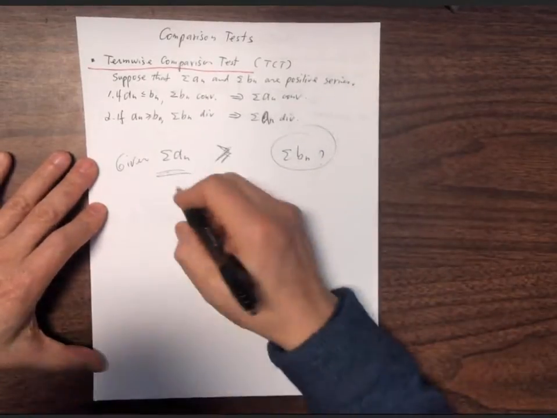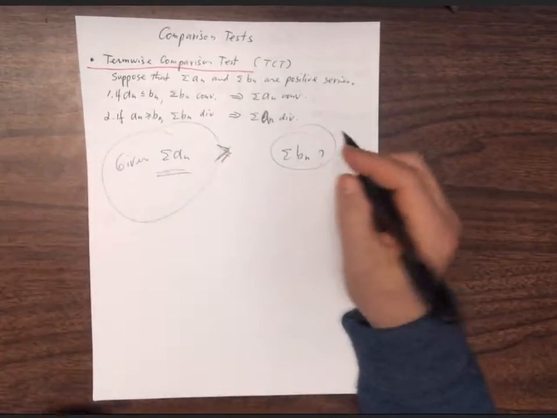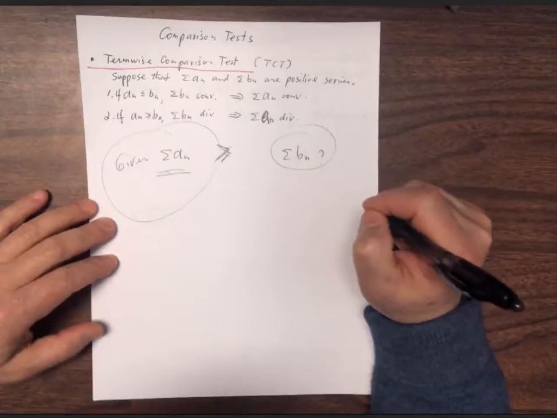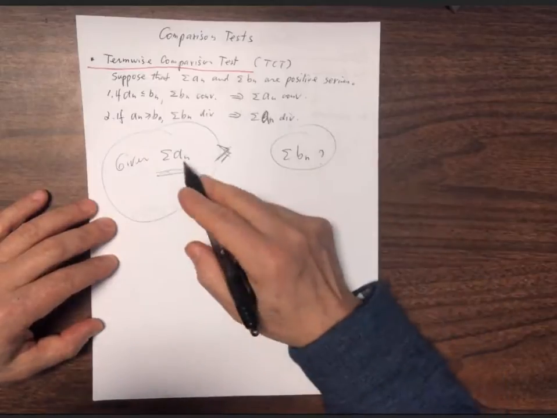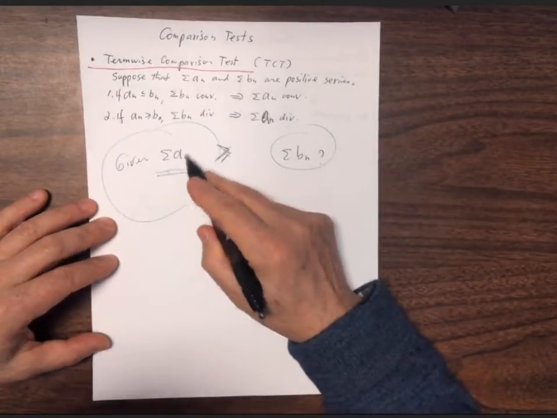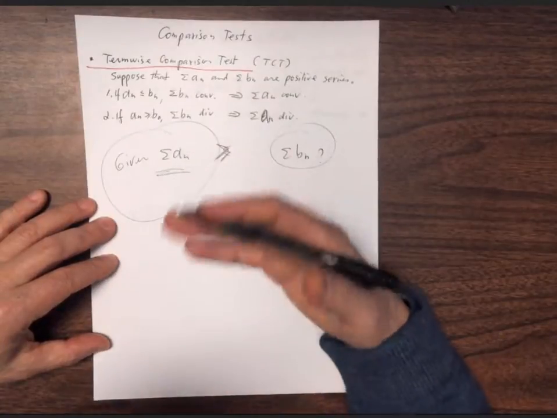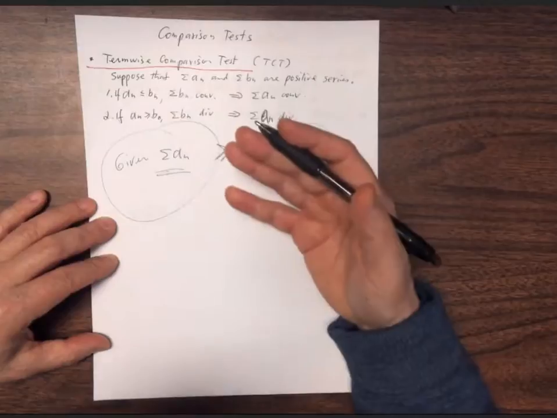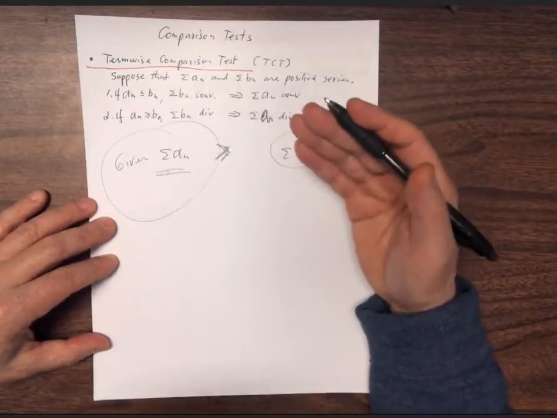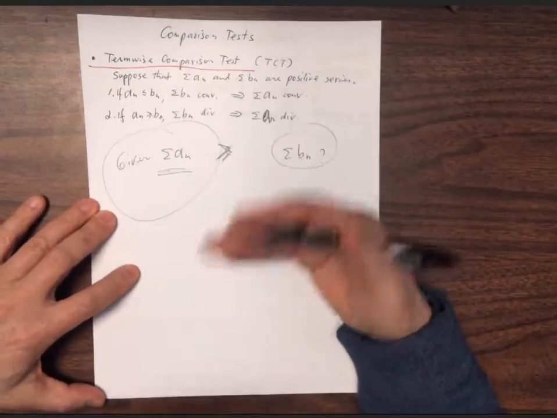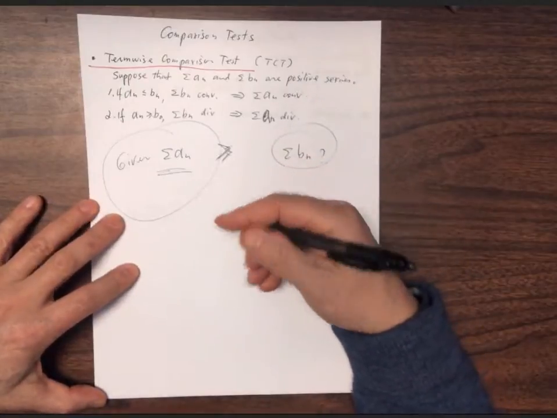How do we estimate the series? Usually what we do is drop low order terms involved on the top and the bottom to come up with a series we know, like a geometric series, or in most cases a p-series, because those series are obvious.